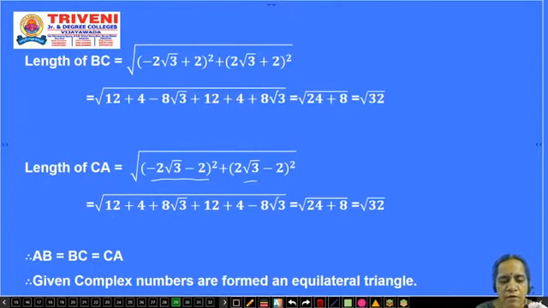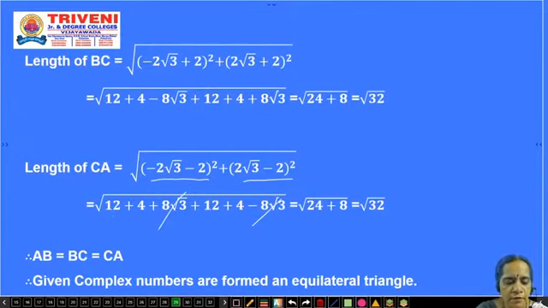This is in the form of a minus b whole square, that is a square plus b square minus 2ab, that is 2 root 3 whole square is equal to 12, and 2 square is equal to 4 minus 8 root 3. Here also the 8 root 3 and 8 root 3 get cancelled. 12 plus 12, 24, 4 plus 4, 8, that is equal to root 32.